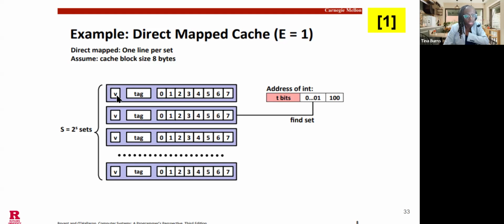This is your valid bit. Here's your tag. Your tag tells you where it is located in the cache, and then here is your memory address. So that's how that's broken down here. If I wanted to find that, this memory address would typically be built on the same location for my direct map.